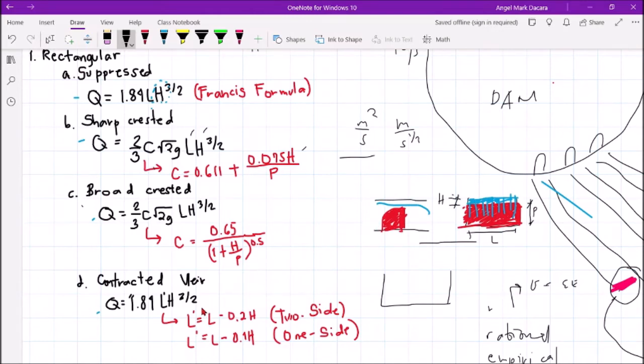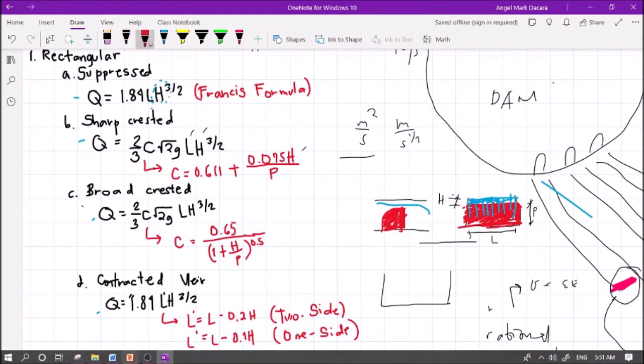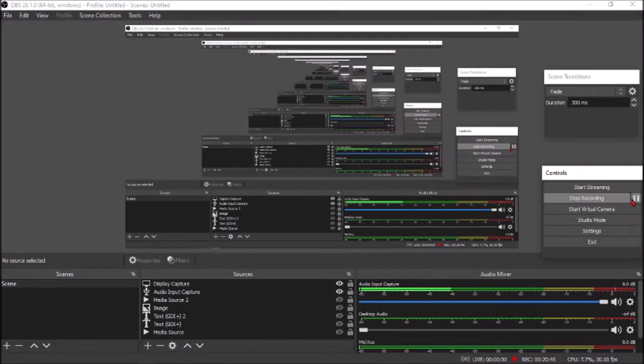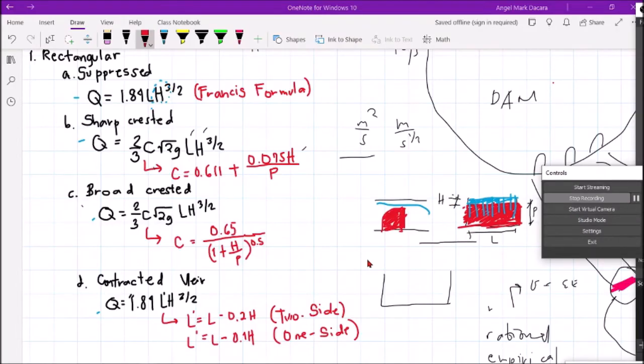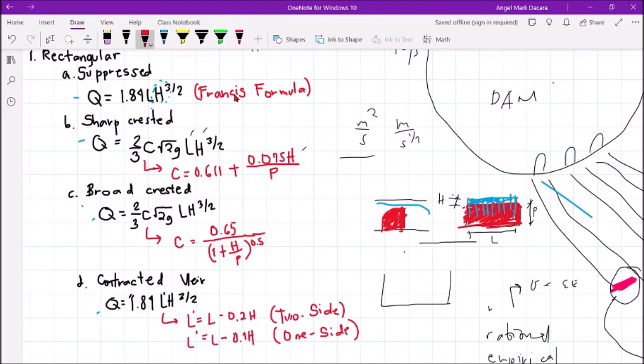Okay? So, doon tayo sa contracted weir naman. Dinedefine muna natin bago tayo mag-solve. Sa contracted weir, siyempre, contracted weir is still rectangle. Subtopic nga natin eh. So, siyempre, may nakaharang pa rin na rectangular weir doon sa daan.